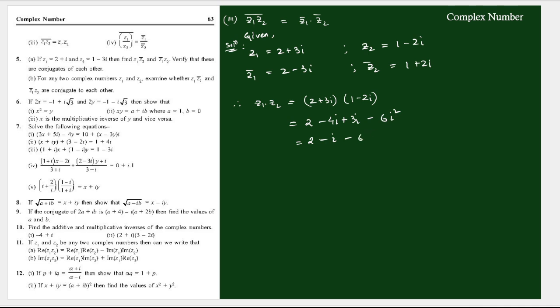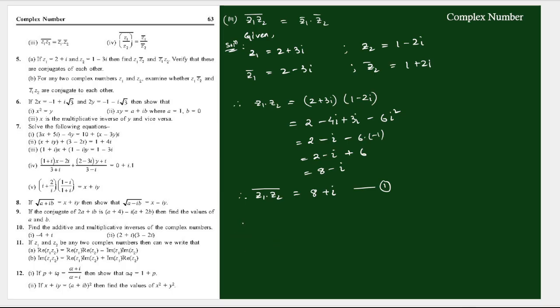Minus 1. 6 into minus 1. So 2 minus i plus 6. So we get 8 minus i. So now its conjugate. So therefore z1 into z2 conjugate is how much? 8 plus i. This is number 1.